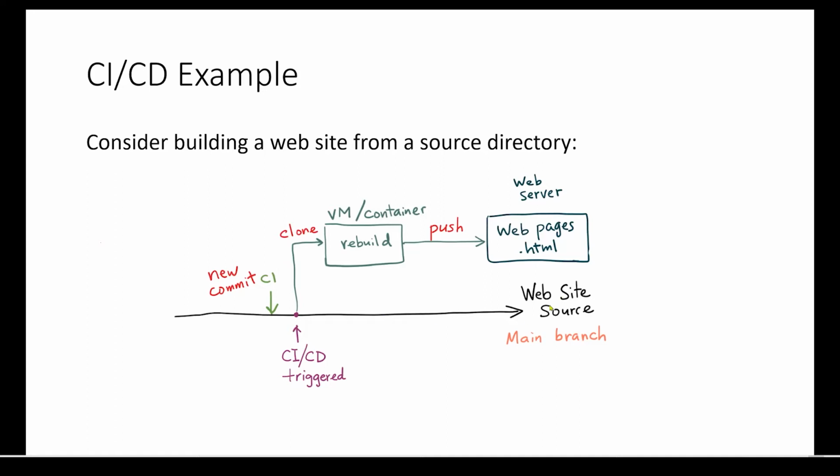When you're creating a website, suppose it is written as a bunch of source files, text files. Since it's a bunch of files, it's natural to maintain them using a version control system like Git.